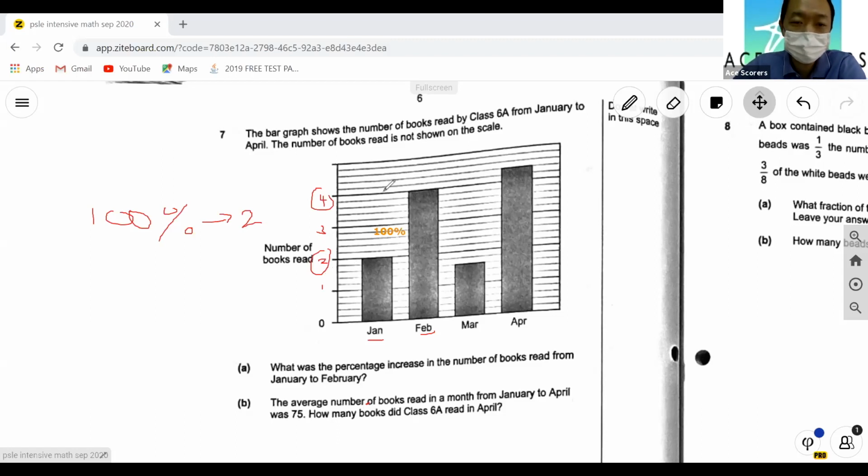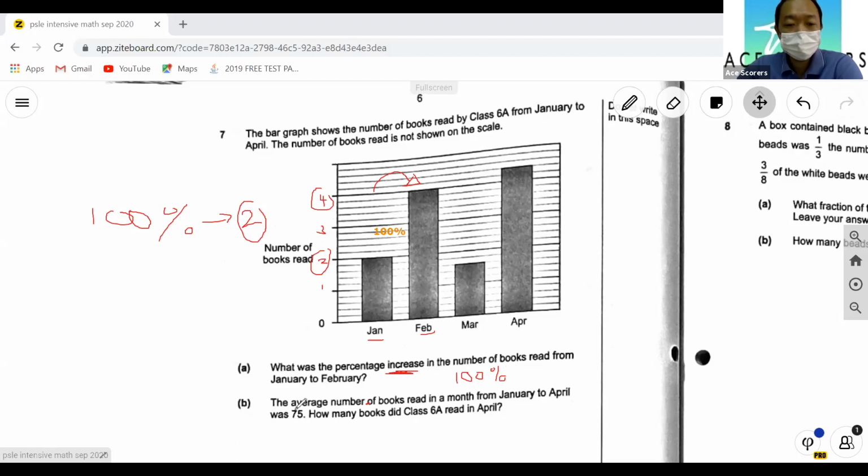So from January to February, the increase is from 2 to 4. They are talking about the percentage increase, so we only talk about the increase, and the increase is 2. Since 2 is 100%, therefore the percentage increase is 100%.